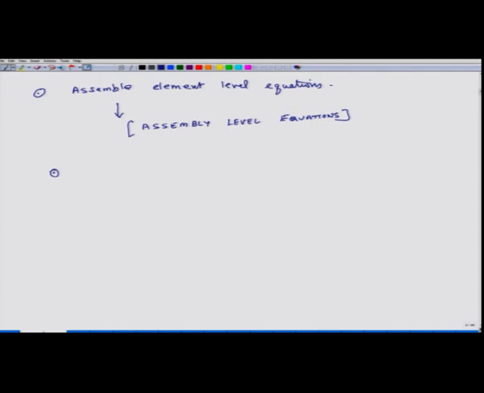Then the next step is that I apply boundary conditions. And we will again do all this through an example.